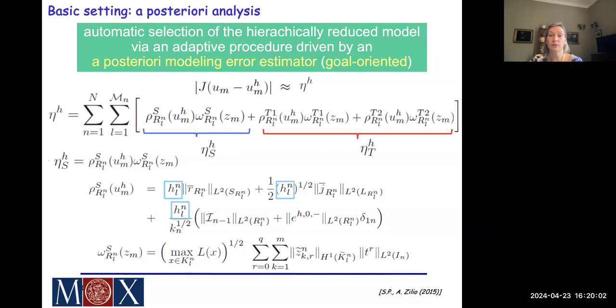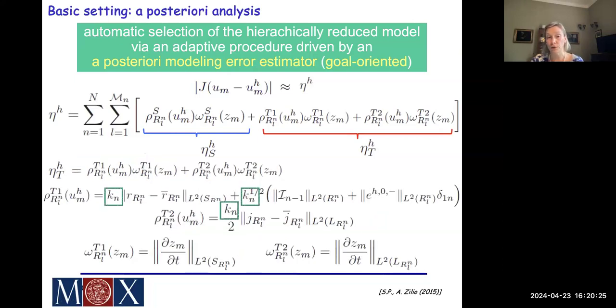And the strategy in both of the cases is to properly rewrite what is known as residual rho and what is known as weight, by highlighting the contribution of the space step, if we think about the spatial error estimator, or the time step, if we focus on the time contribution.